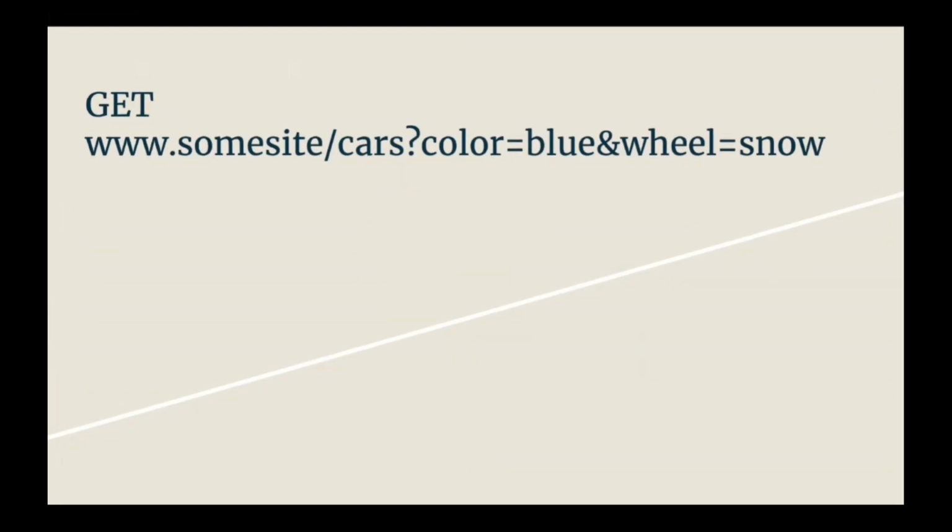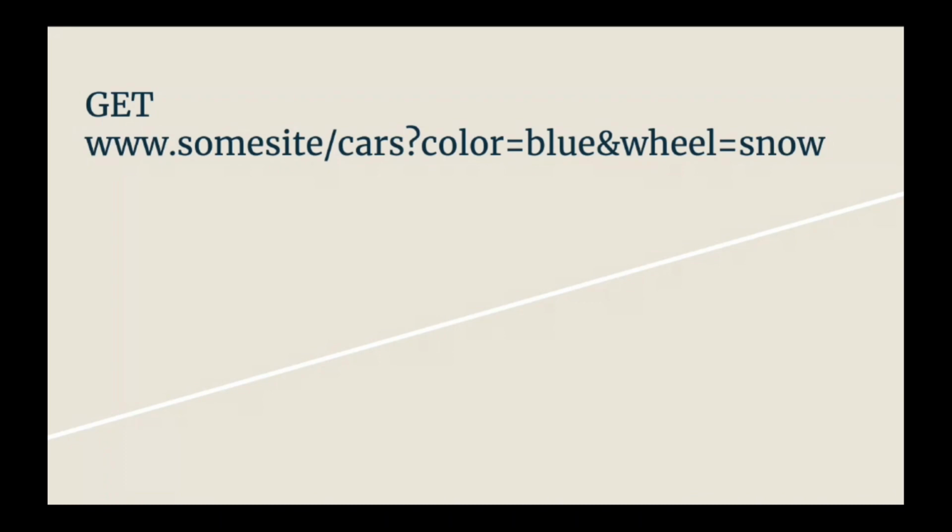All right. So maybe there's some sort of URL kind of like this. In this one, I'm trying to say that I'm making a GET request to www.somesite/cars, and I'm saying that I want all cars that are blue and that have snow tires right now.